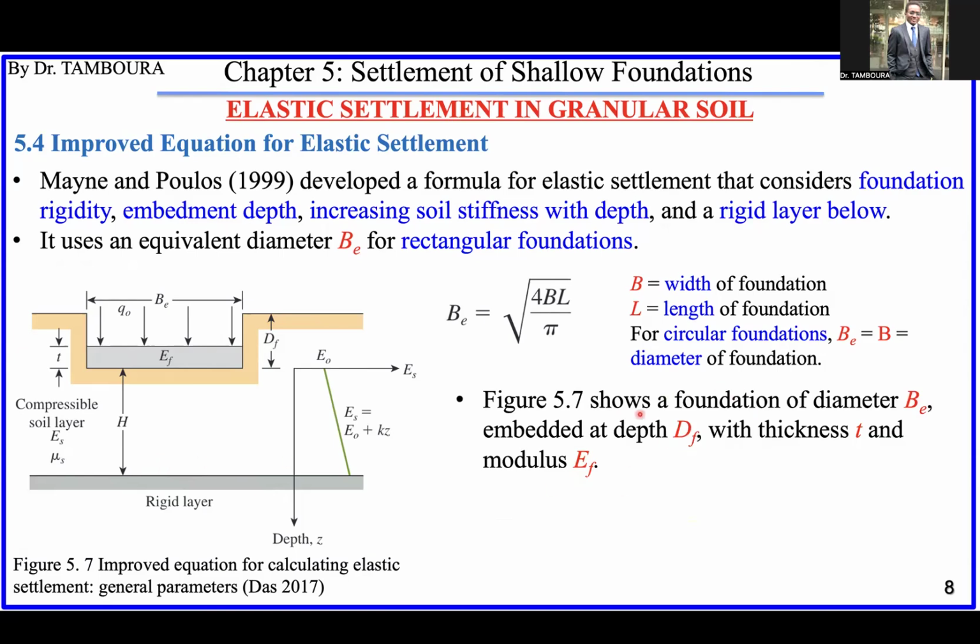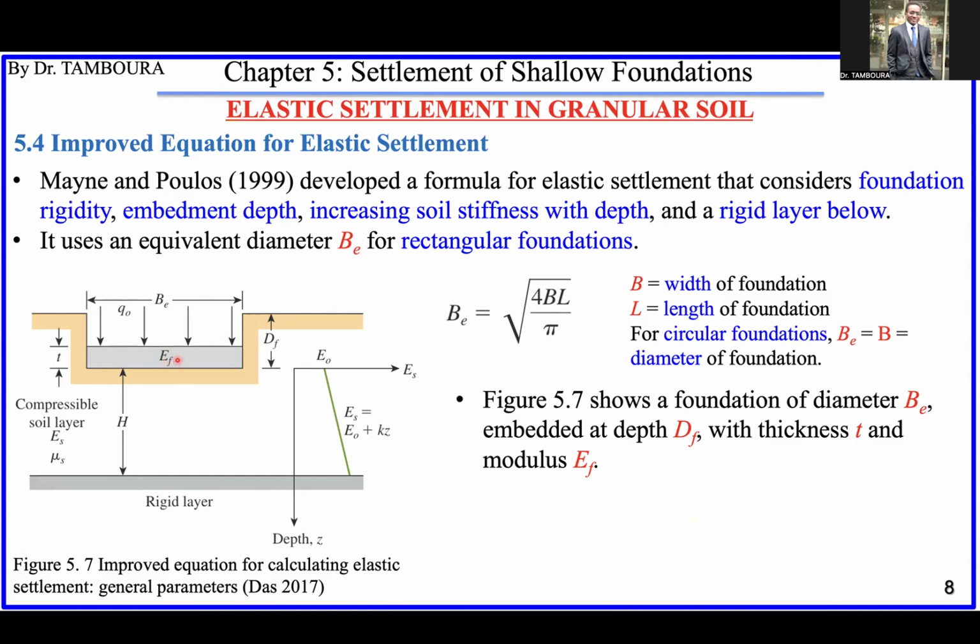So this figure is showing foundation B, B equivalent, the equivalent diameter, BE, embedment DF, and the thickness of the footing T with a modulus of EF. You can see here, the footing is here with thickness T and the modulus of elasticity of the footing is EF.